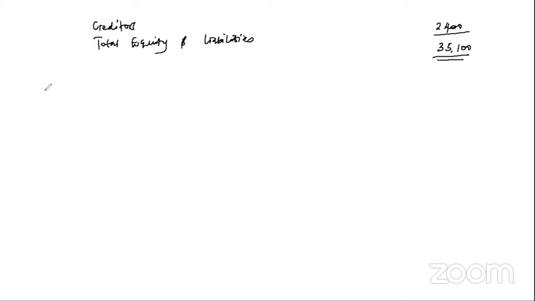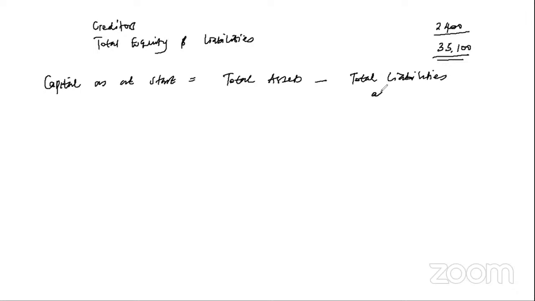So to come up with that 24,100, this is the approach we have used. I'm still getting my capital. I'm getting my total assets minus liabilities at start.